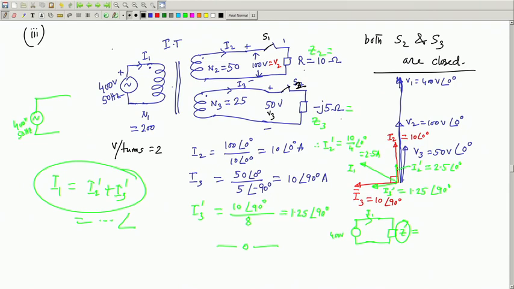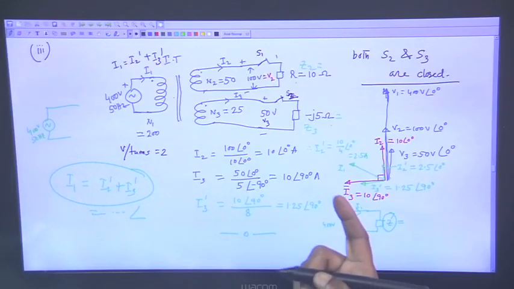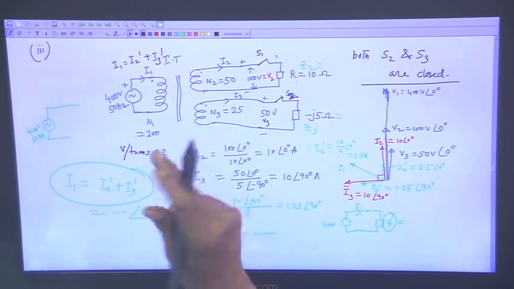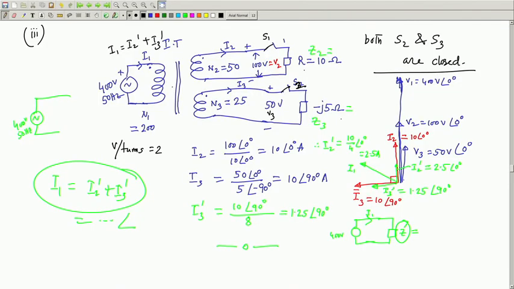So, I 1 will be actually comprised of I 2 dashed plus I 3 dashed, that is exactly what we did. While calculating the reflected current, be careful about the turns ratio. For this it is 200 by 50, with that number you have to divide. Similarly, for this it will be 200 by 25, you have to divide, like that you have solved the problem.